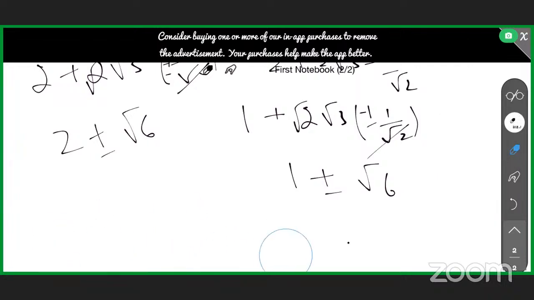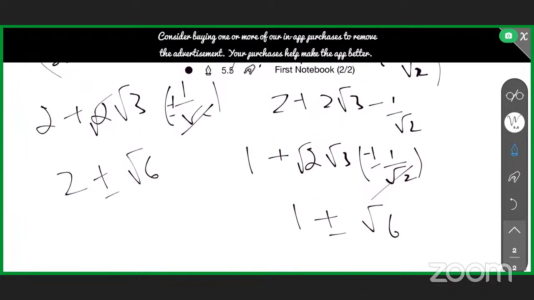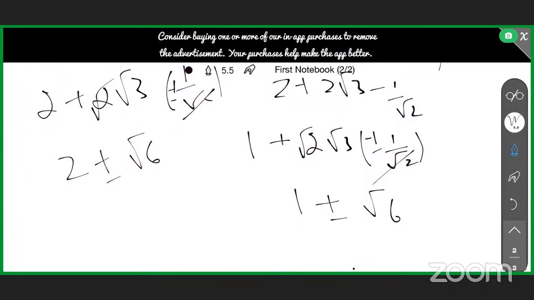You understand this step? You understand this step, dear students? Sir, I think you did it wrong. What wrong? Here we need to be multiplying, sir. At first, you added.